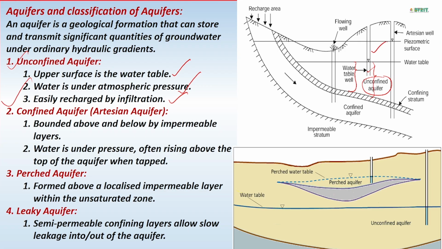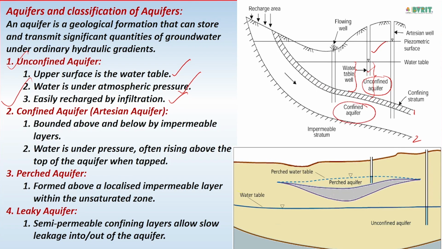What is a confined aquifer? A confined aquifer is an aquifer where the water is stored between two impervious regions. This is one impervious portion, and this is the other. The water stored and moving between the first and the second impervious portion is what we call confined.